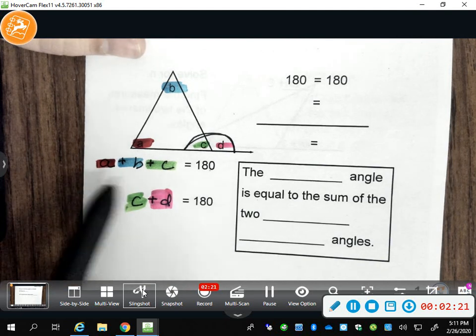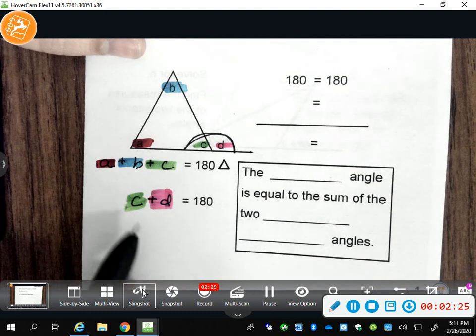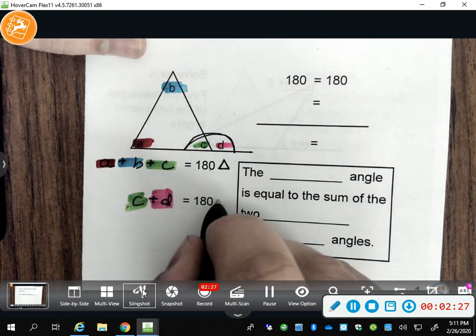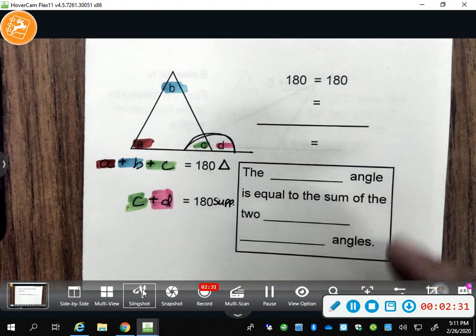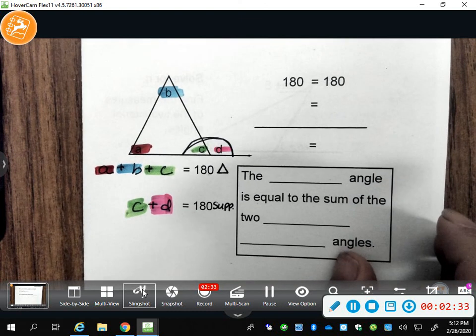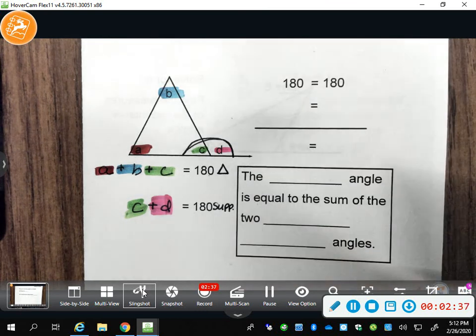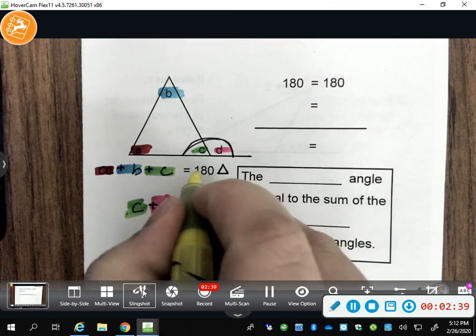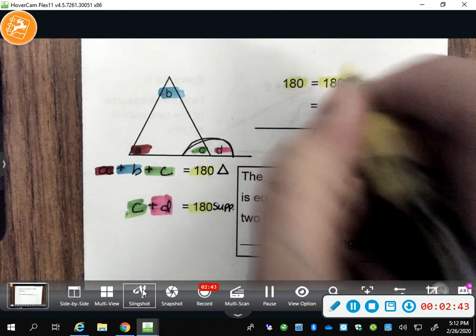This first equation we got from the interior angles of a triangle. The second equation we got by using what we know about supplementary angles. Let's see if we have a pattern or a relationship between these two things. We know that 180 degrees is the same as 180 degrees.